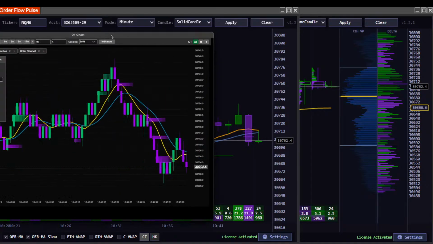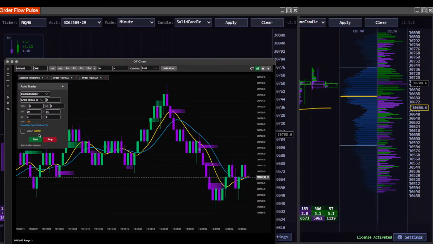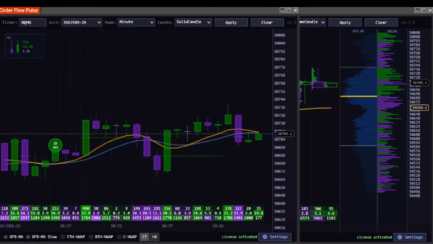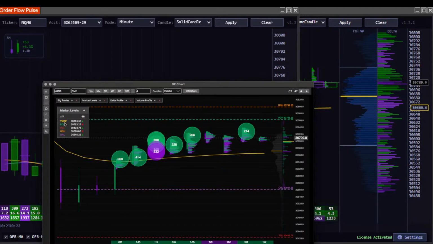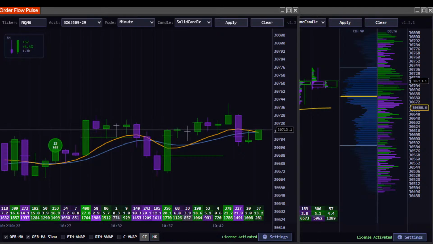See right here, I got an option VWAP to only take longs if you're above the VWAP and only take shorts when you're below the VWAP, but the numbers on the VWAP are inaccurate. Something's up with my code. The numbers here are correct. These numbers are correct. It's pretty close to Ninja Trader. So I don't know what's up with that. I need to look into that and fix that.